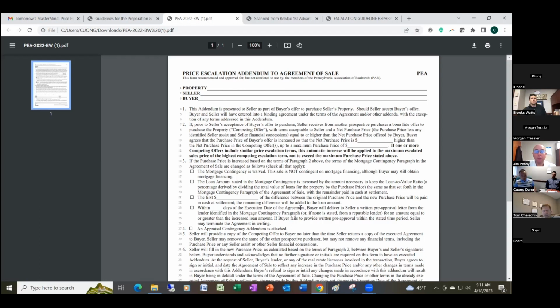So that statement is in bold, and anytime a statement is in bold in any of these addendums and contracts, it means it's pretty important. And what that statement right there allows you to do is compare escalation clauses, okay? You are absolutely allowed to just compare escalation clause to escalation clause. And what that statement is saying is, you're allowed to go up to the maximum.